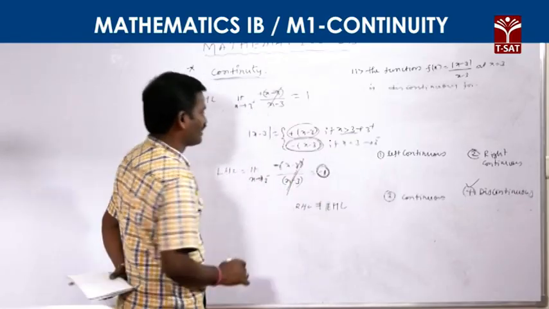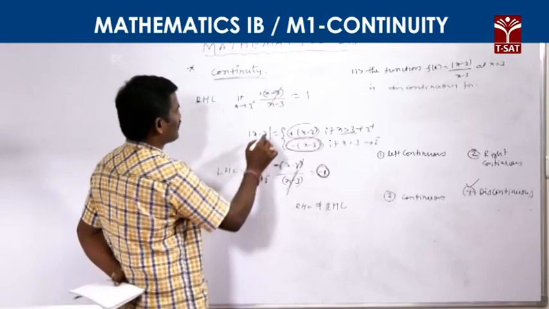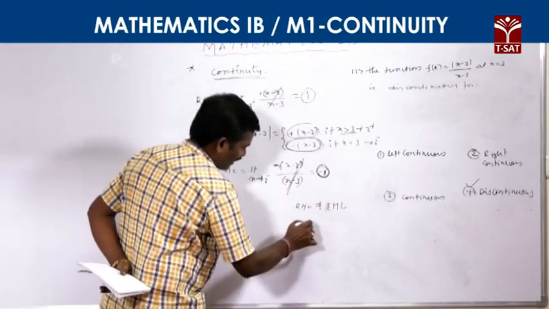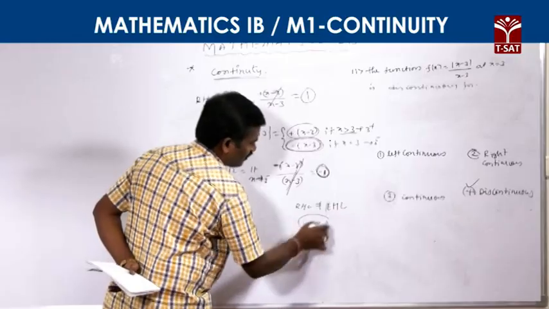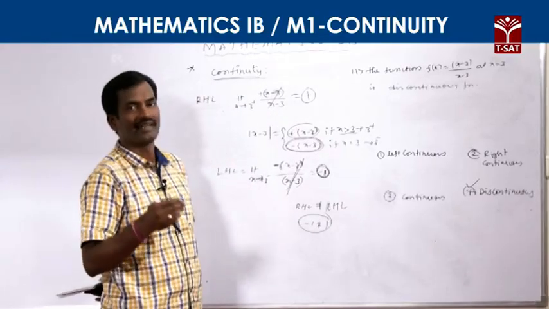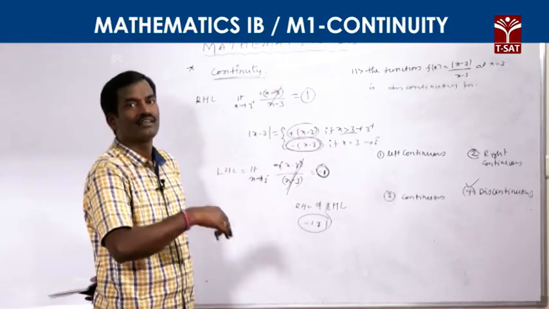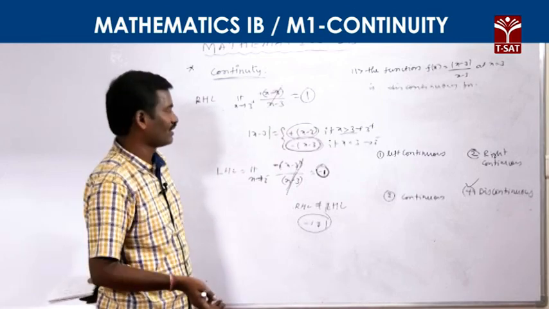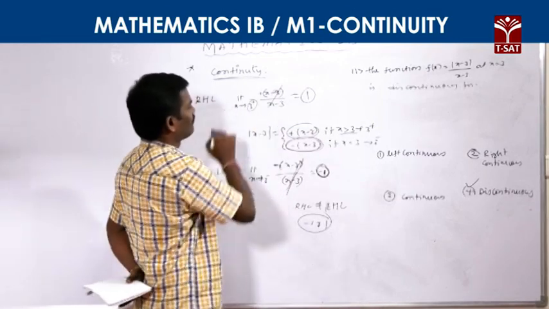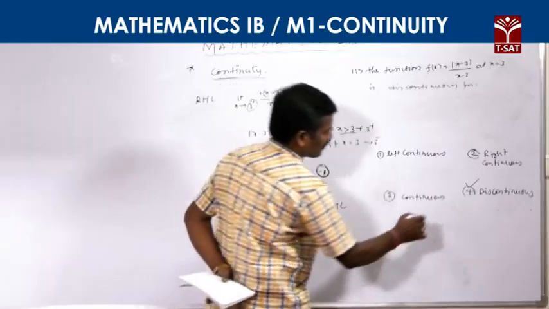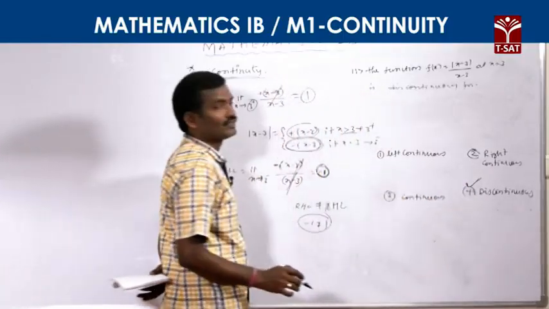The LHL answer is minus 1 and the RHL answer is 1. Minus 1 is not equal to plus 1, so the limit does not exist. It is a discontinuous function at x equals 3, so it is the fourth option.